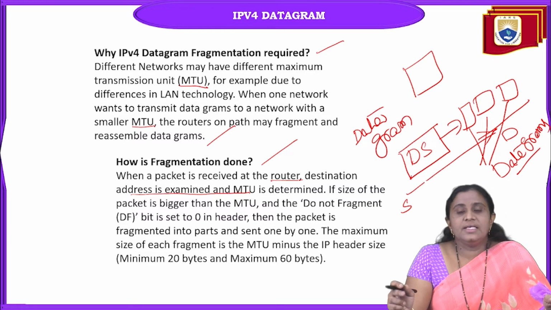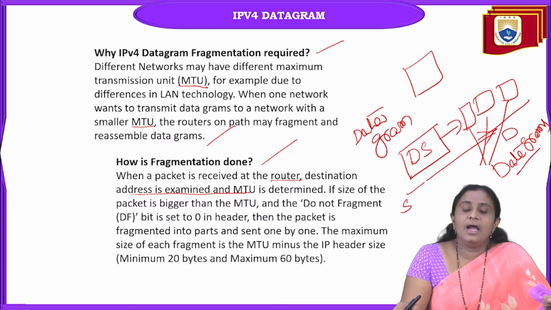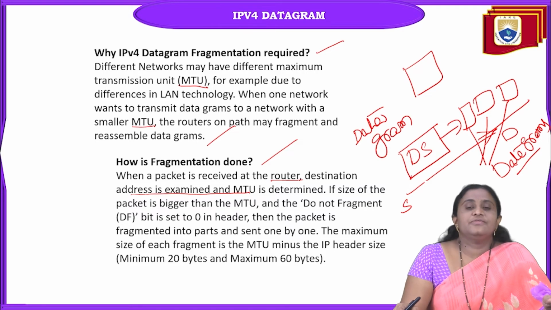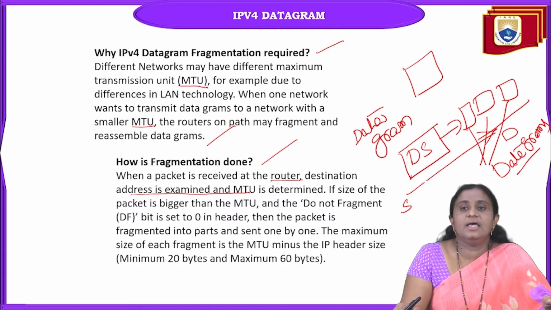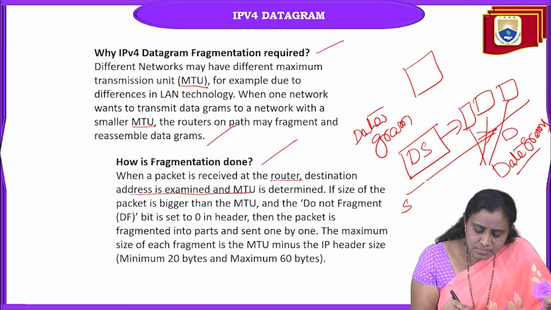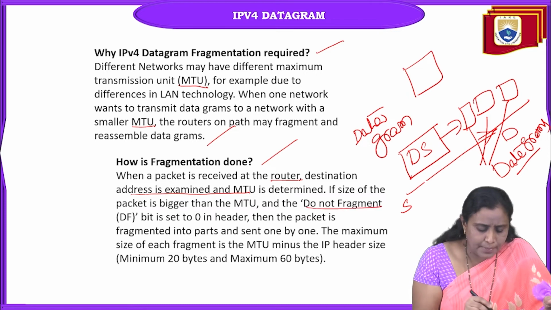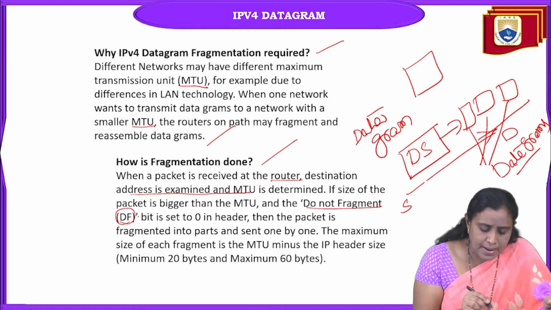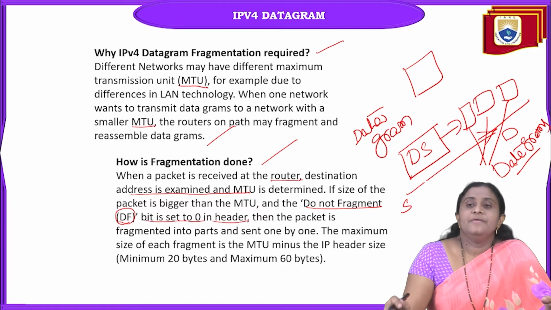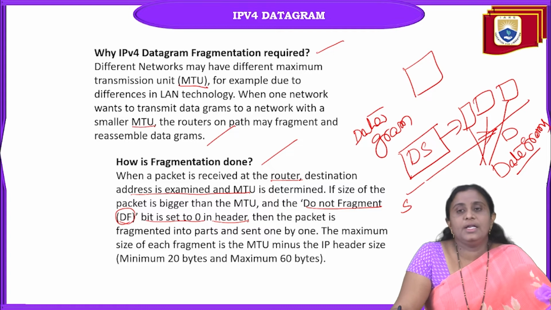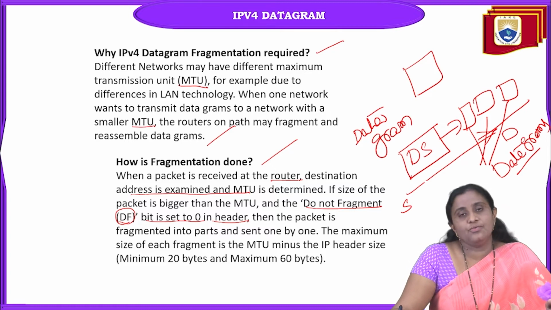If the size of the packet is bigger than the MTU, and the do not fragment DF bit is set to 0 in the header, then the packet is fragmented into parts and sent one by one.